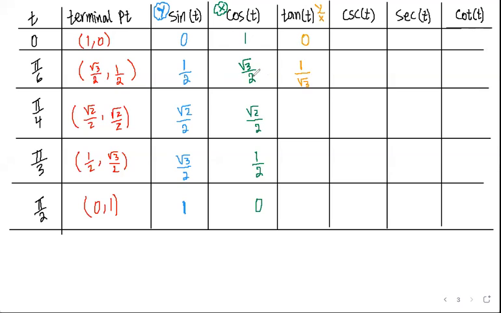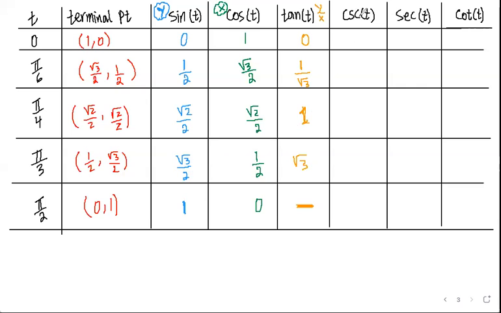This value over this one. Now here, over this one is 1. This one over this one is square root of 3. 1 over 0. What is 1 over 0? Undefined. We don't have a value here.